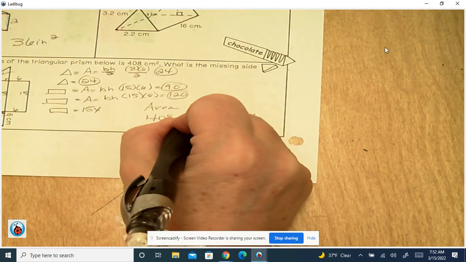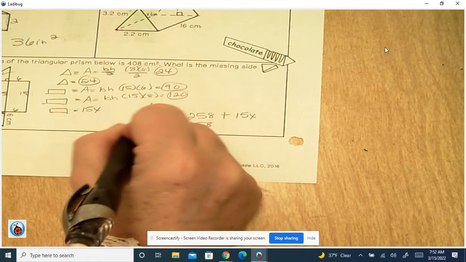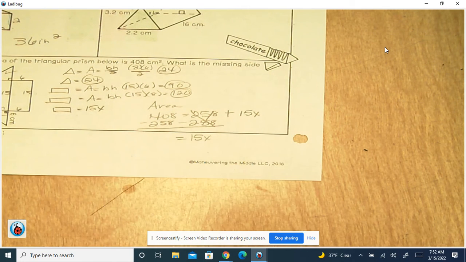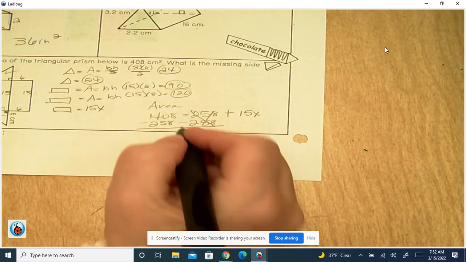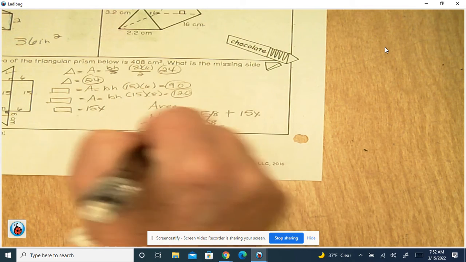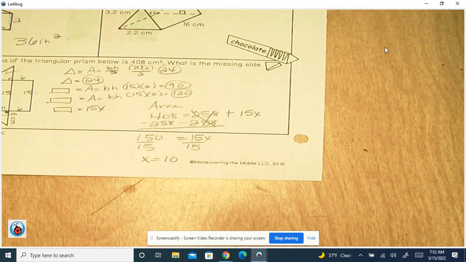When you subtract 258 from this side, this cancels out, and you're left with 15x, and 408 minus 258 is 150, and you divide that by 15, x equals 10. If you have any questions, be sure to ask.